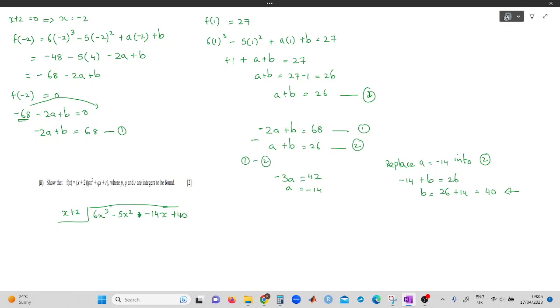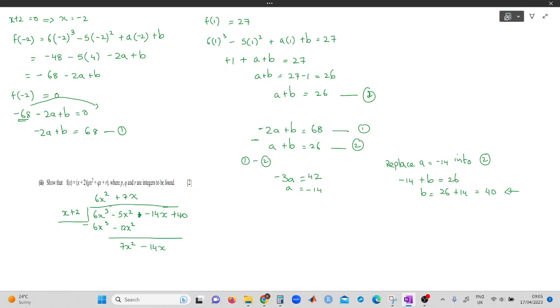Donc, quand on divise 6x cubed divided by x, 6x squared, I multiply by the dividing factor. Retirer. Donc, moins 5 plus 12x squared, ça me fait 7x squared. Retirer 14x. Je divise 7x squared par x, ça va me faire plus 7x.